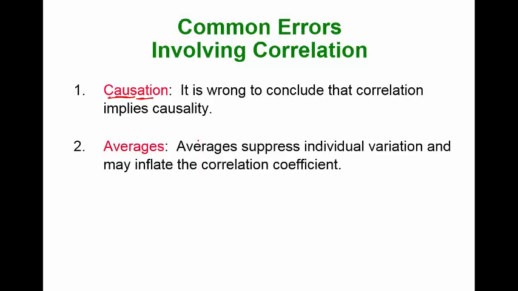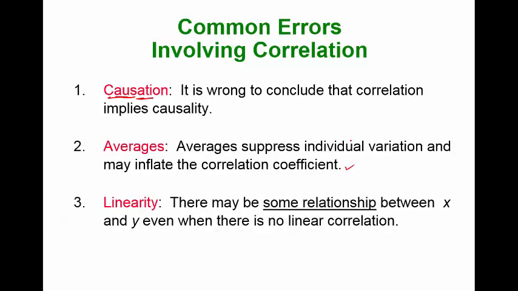The averages may suppress individual variation and make your correlation coefficient unnaturally large. So if you're taking a bunch of averages instead of using the raw values, you may not get an accurate account of your correlation.